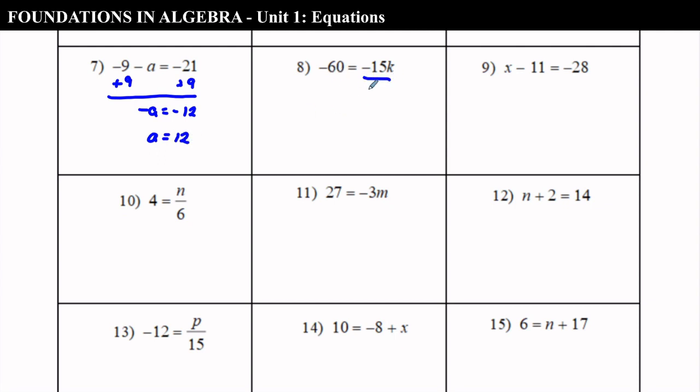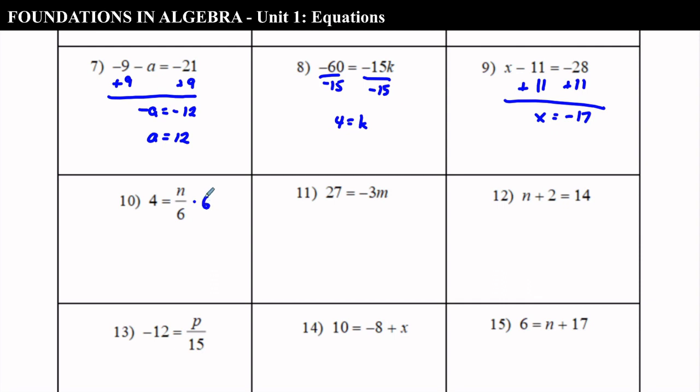On this one, we're going to divide each side by negative 15, and that gives us 4 equals k. For this one, we add 11 to each side, and that's going to give us x equals negative 17.